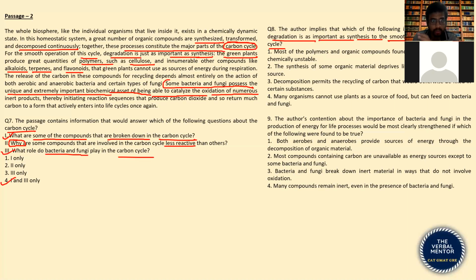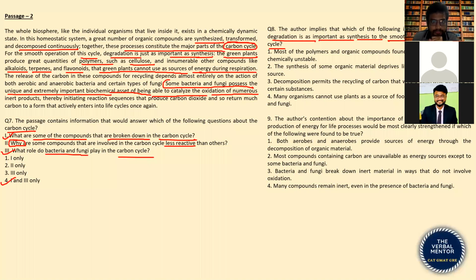The green plants produce greater quantities of this, but cannot use these things as sources of energy during respiration. The release of the carbon in these compounds for recycling depends almost entirely on the bacteria and fungi. All right. So why is degradation important? Because if degradation does not happen, carbon will not be returned. The carbon cycle would not be complete. It will not be recycled essentially.